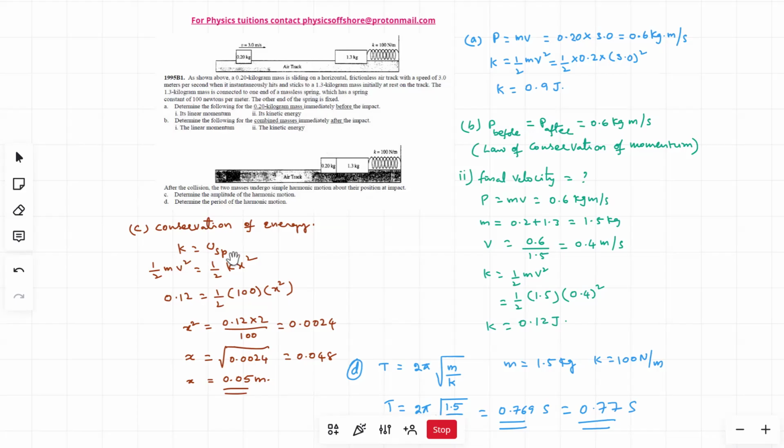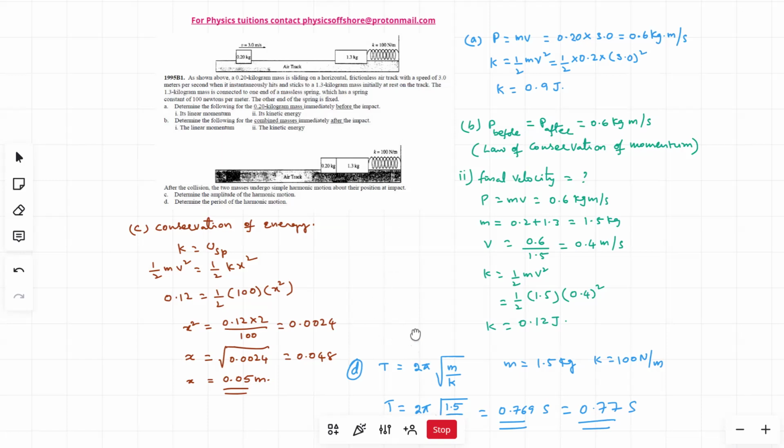Therefore, K is equal to U spring, where kinetic energy is half mv squared and elastic potential energy is half kx squared. Here we have to find x, the compression in the spring, which is equal to 0.05 meters. Next, we find the time period of the harmonic oscillator.